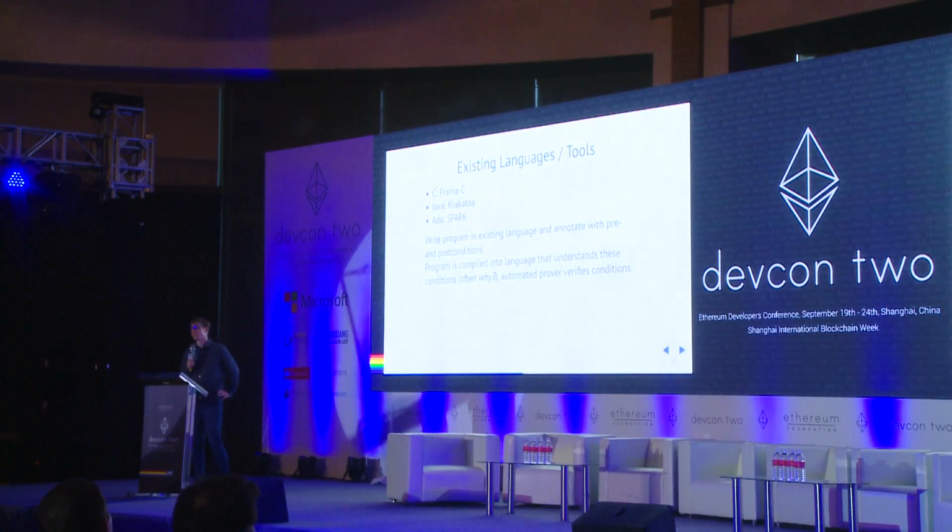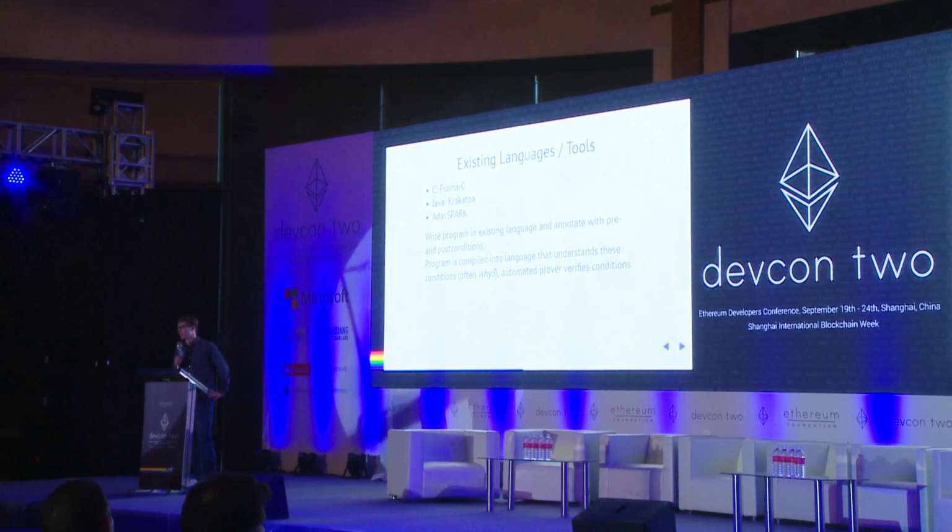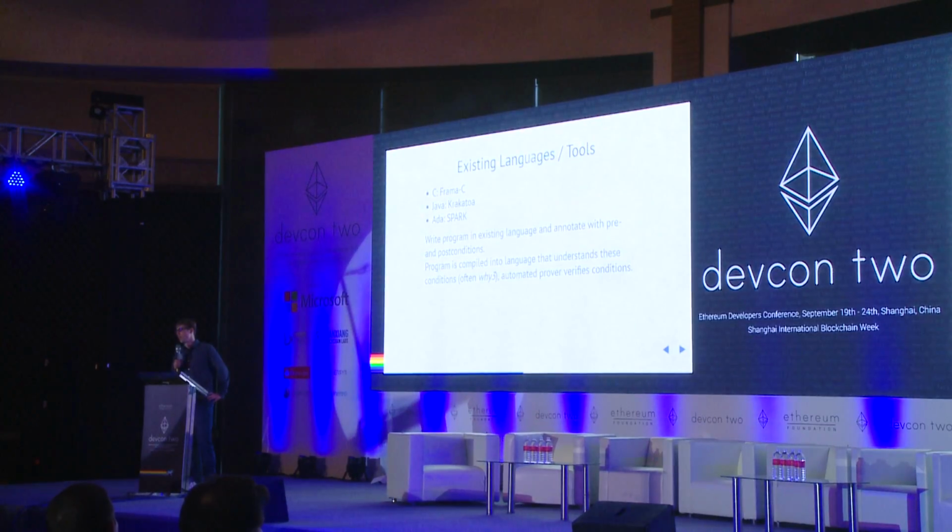Okay, and formal verification tools also exist for common languages like C and Java and Ada. The way it works for these tools, for Frama-C, for Krakatoa, and for SPARK, is that you write your program in the ordinary language you're used to, like C, and then you annotate this source code with formal statements.